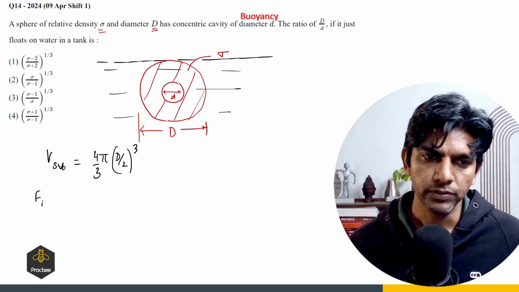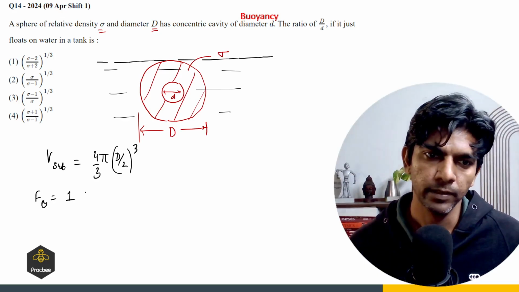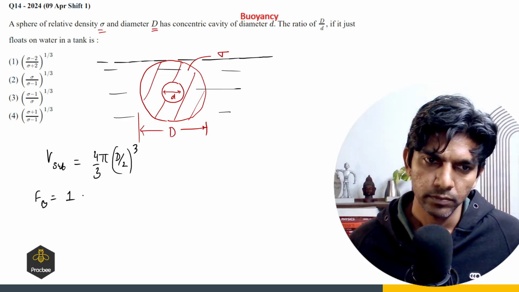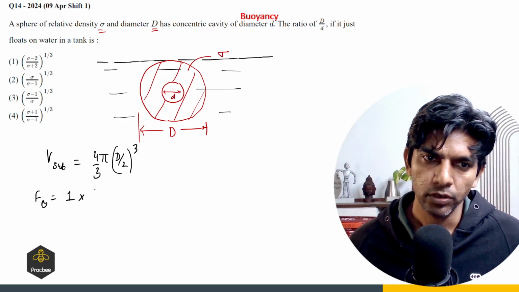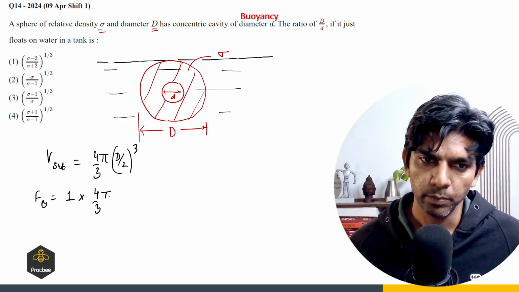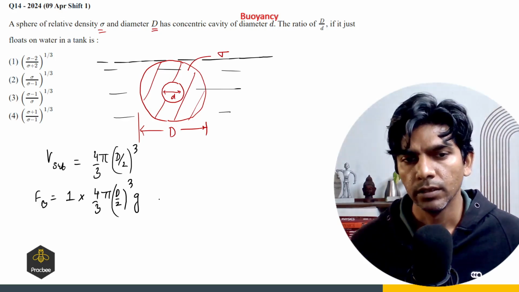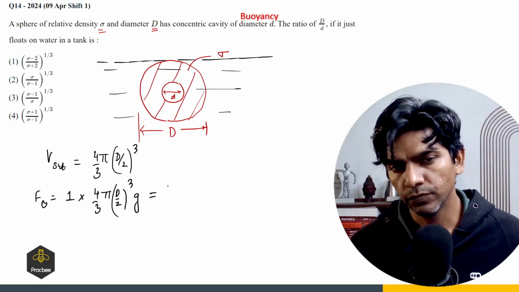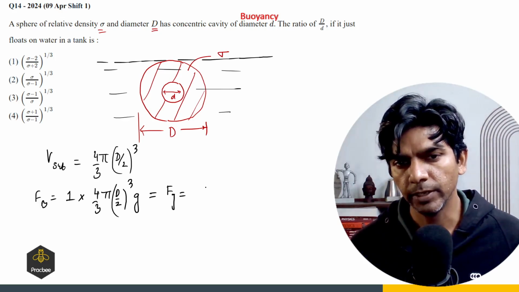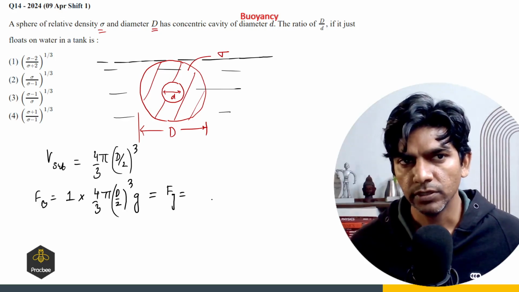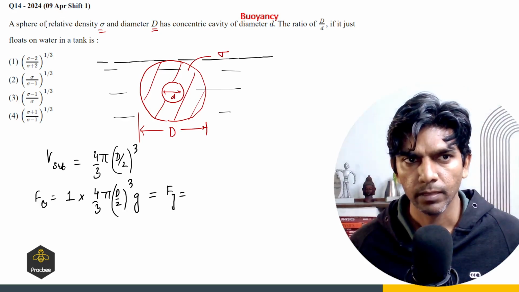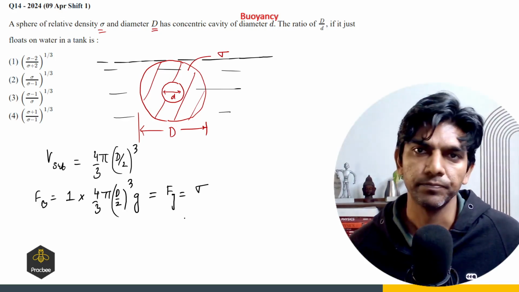So the buoyant force will be density of water, which I'm taking as 1, times the volume displaced, 4 by 3 pi (D by 2) cube, times g. Now this should equal the gravitational force, Fg, and Fg will be density of this sphere. So that will be sigma.